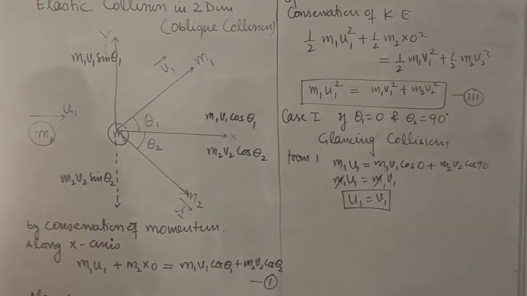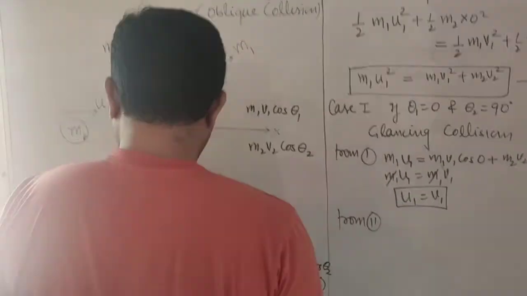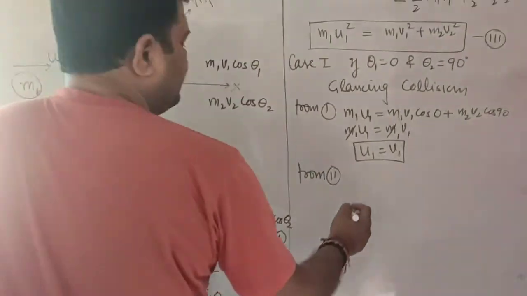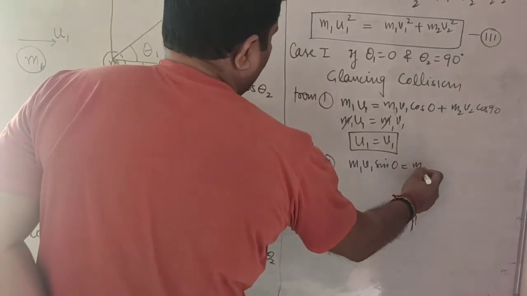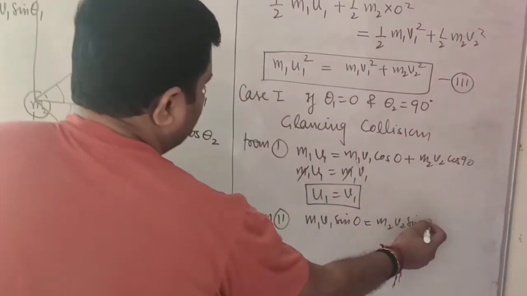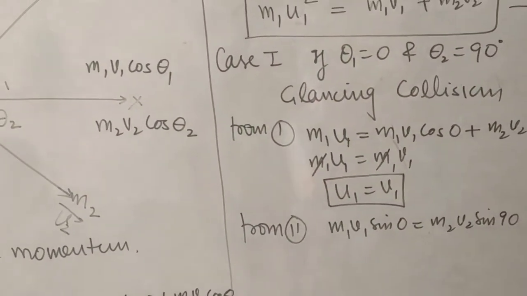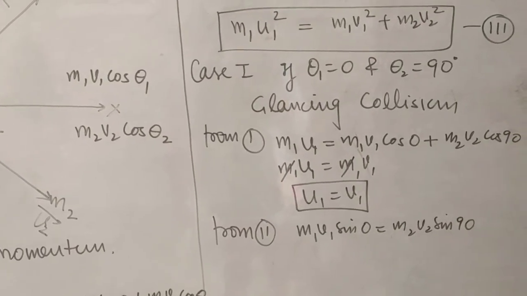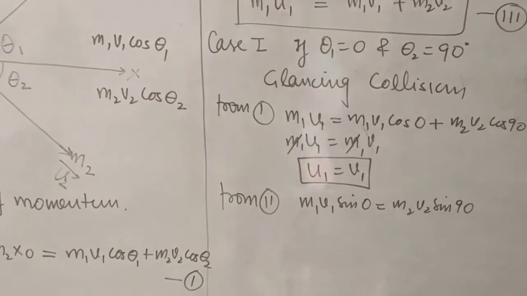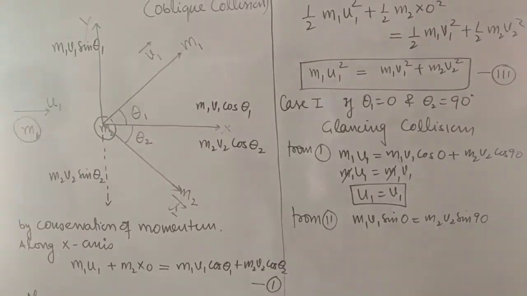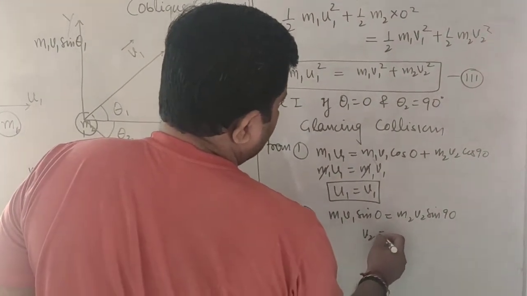This is for the first object. Now from equation number 2, m1 v1 sin 0 is equal to m2 v2 sin 90. Sin 90 is 1, and sin 0 is 0. You are left with v2 as 0.